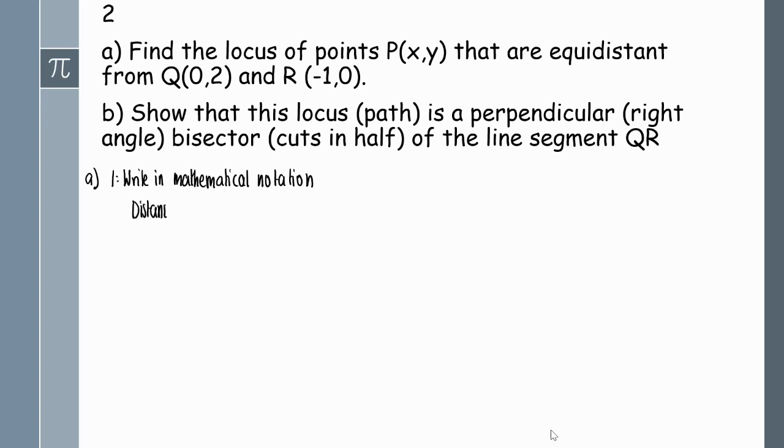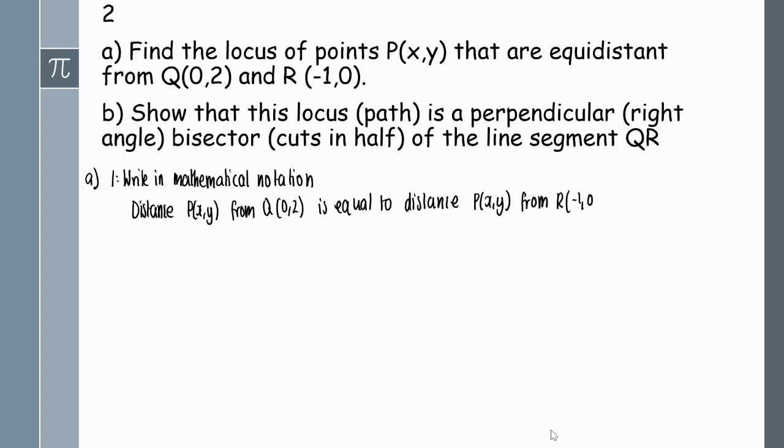So I know that the distance of P(x, y) from Q(0, 2) has to be equal to the distance of P(x, y) from R(-1, 0). That is what is meant by equidistant.